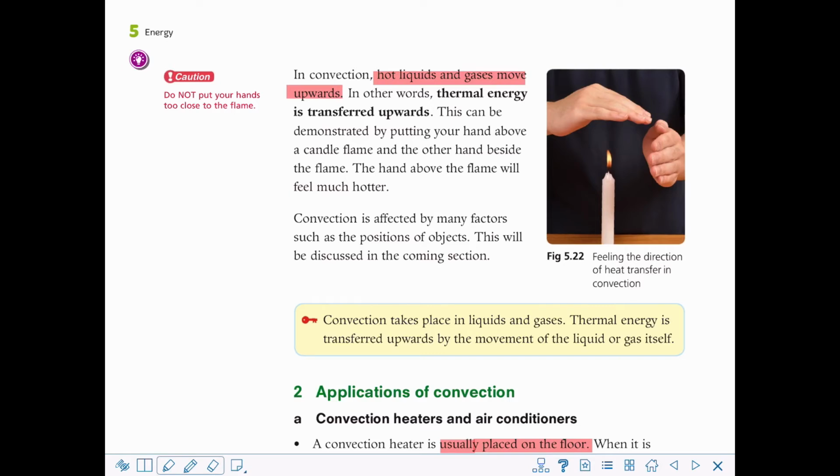Convection is affected by many factors such as the positions of objects. This will be discussed in the coming section. A brief summary here. Convection takes place in liquids and gases. Thermal energy is transferred upwards by the movement of the liquid or gas itself.